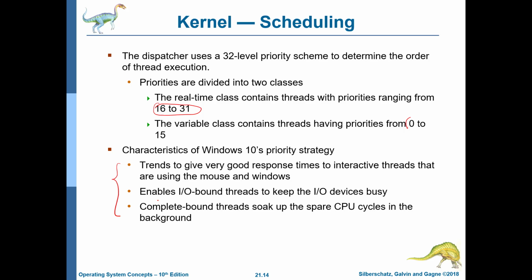Furthermore, the priority scheme also enables IO bound threads to keep the IO devices busy as far as possible. Compute bound threads then soak up whatever spare cycles are there, which means the spare cycles left after all the high priority and real time threads have executed. Whatever spare cycles are there are taken up by background threads.